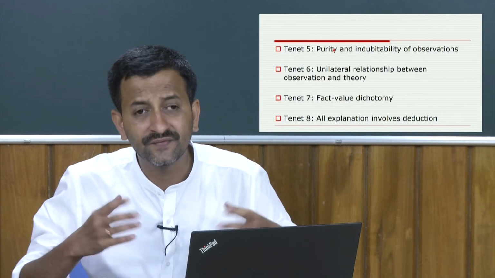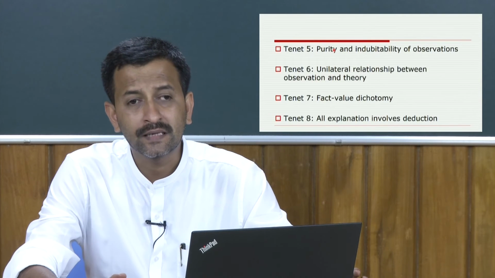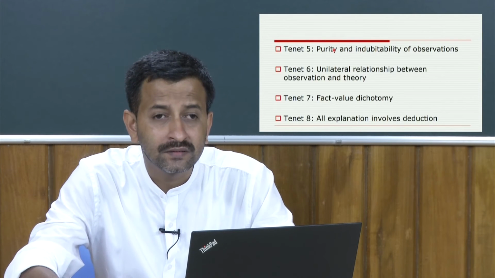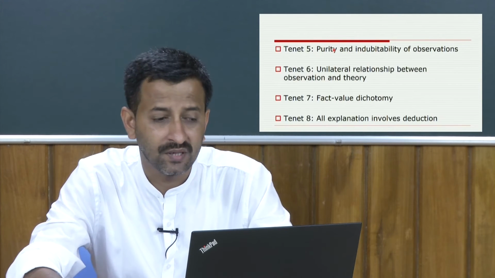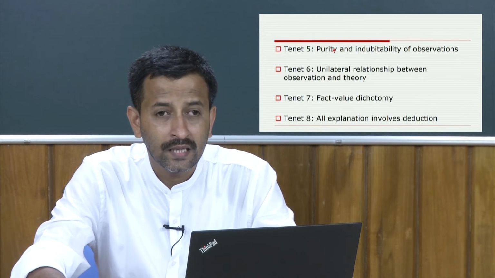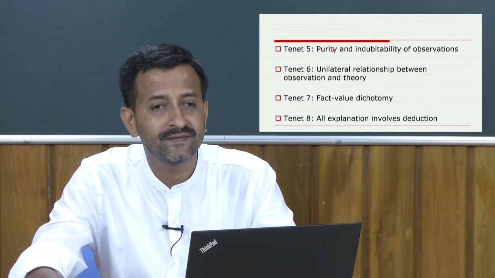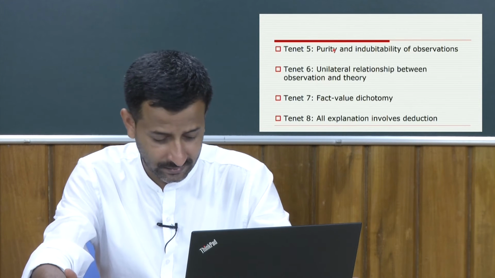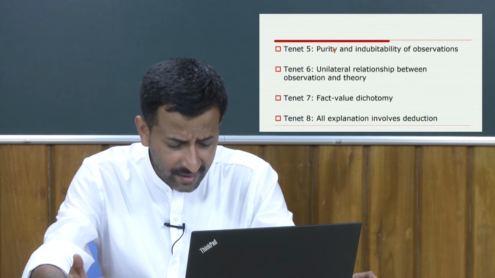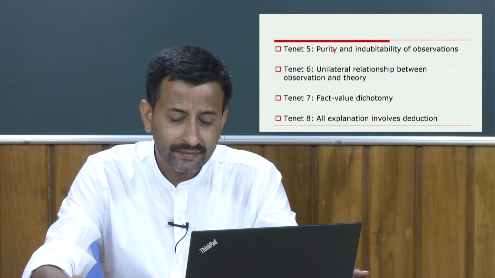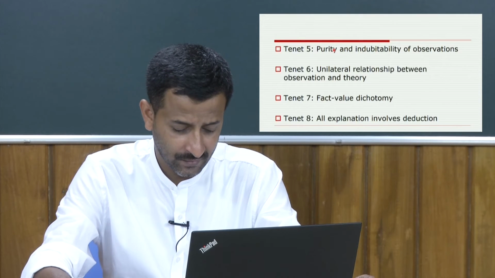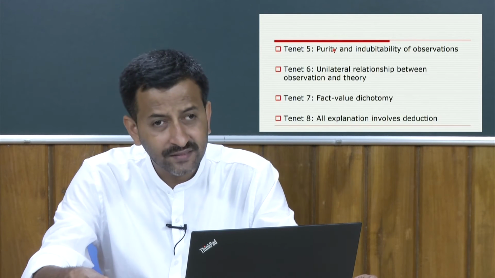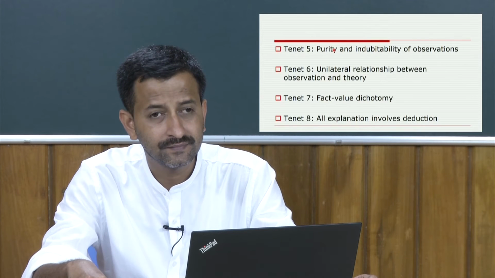In this sense, observations in the positivistic schema are theory independent, they do not depend on theory. It leads us to make a point that theories are winnowed from facts or observations.